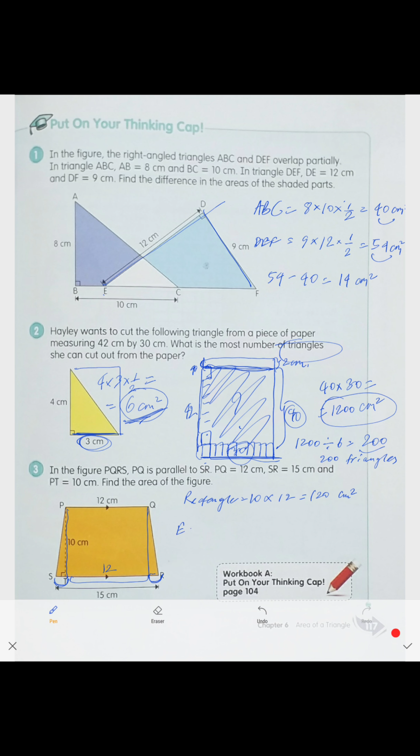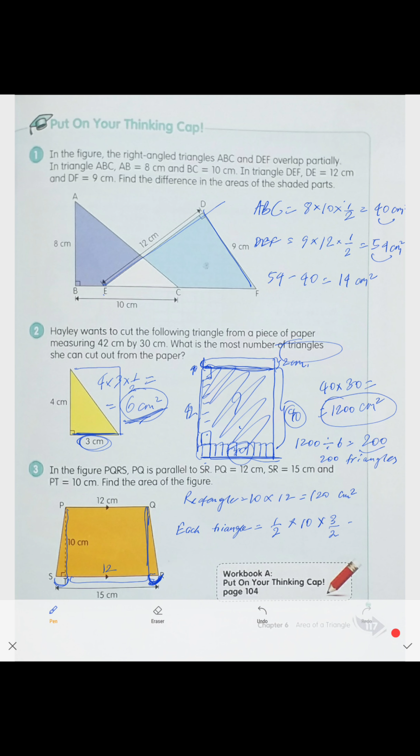So the area of each triangle will be 1/2 times the height, 10, times 3 centimeters, divided by 2, right? 3/2 centimeters for this small piece.